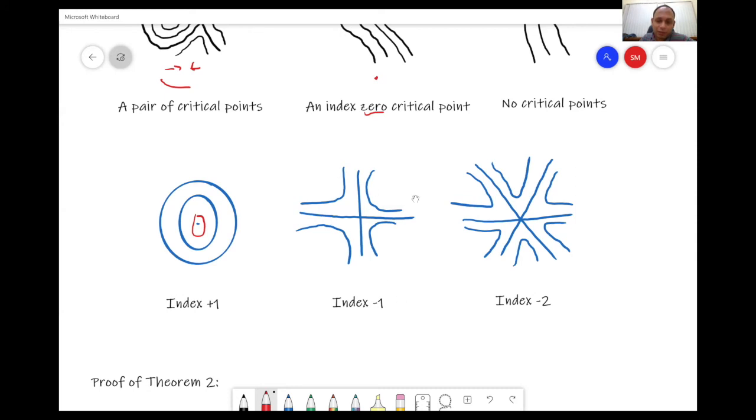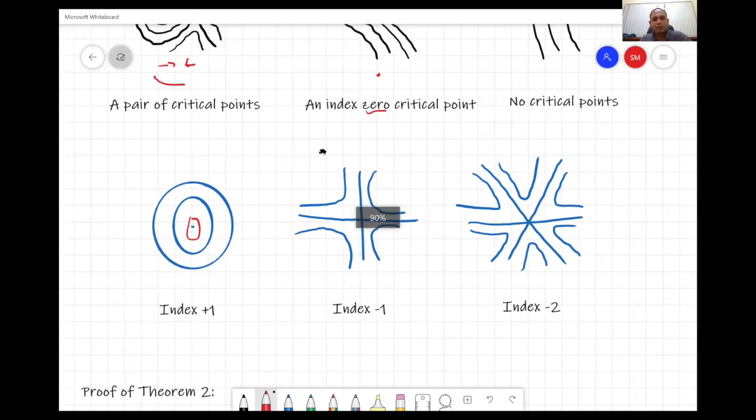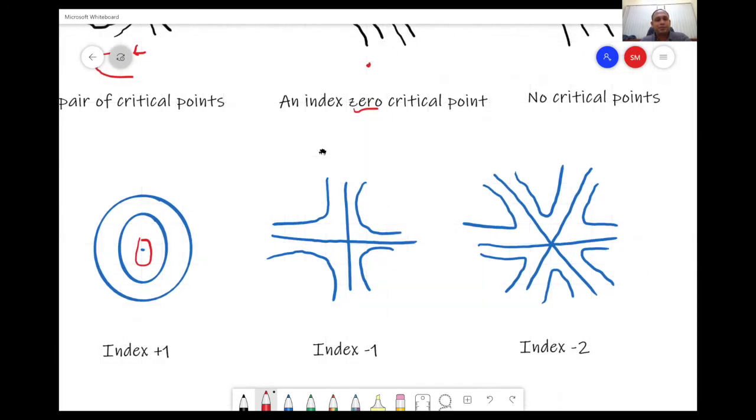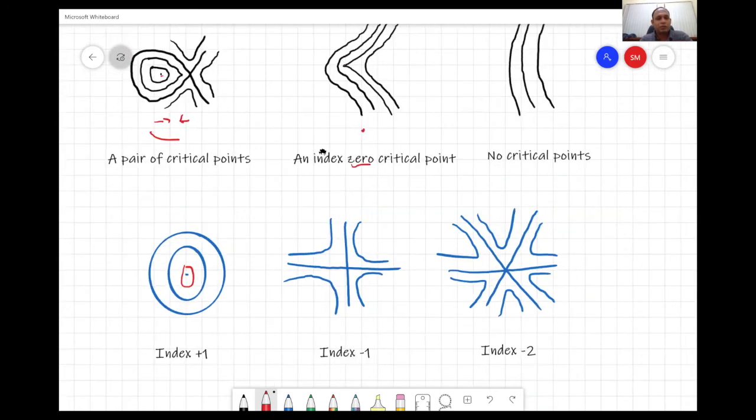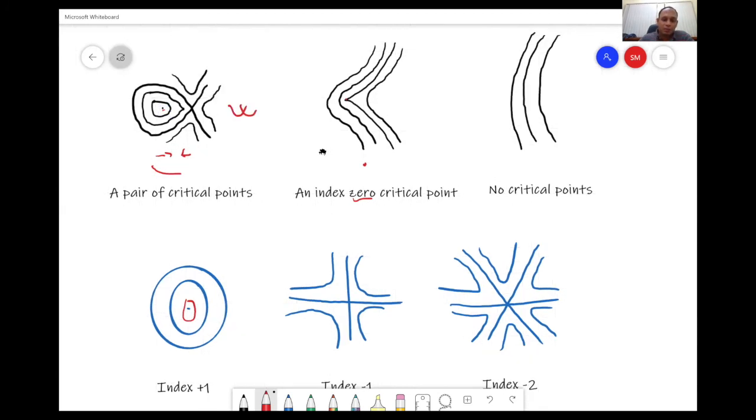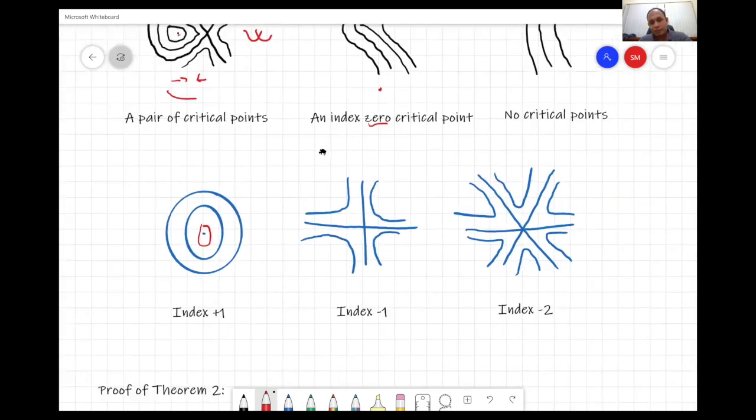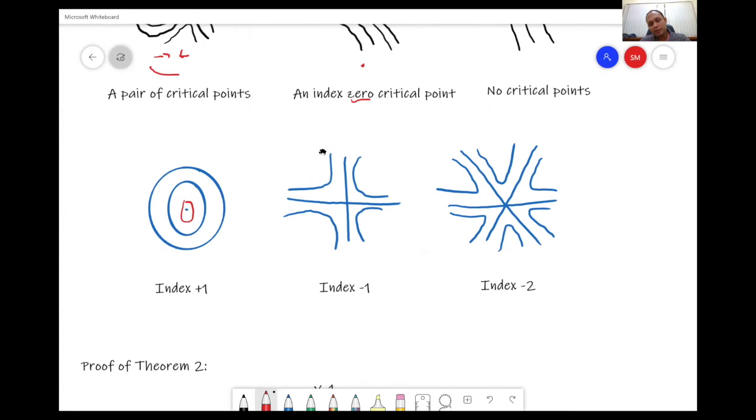This is an example of a critical point where two arcs are crossing each other, like in this picture over here, where the index is -1. And if you now increase the branches, then the index is going to decrease. Let me just repeat myself.